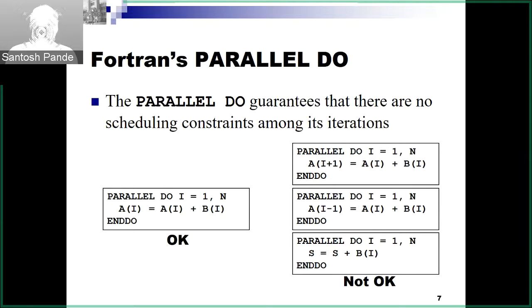If you put 5 and 6 in parallel, there will be a huge issue, because one of them will be trying to write and the second will be trying to read. Any order of execution will be possible because these iterations are executing in parallel, and there will be a semantic violation.